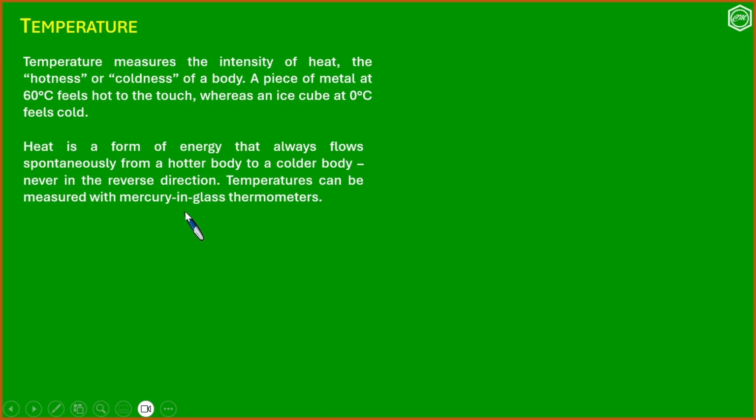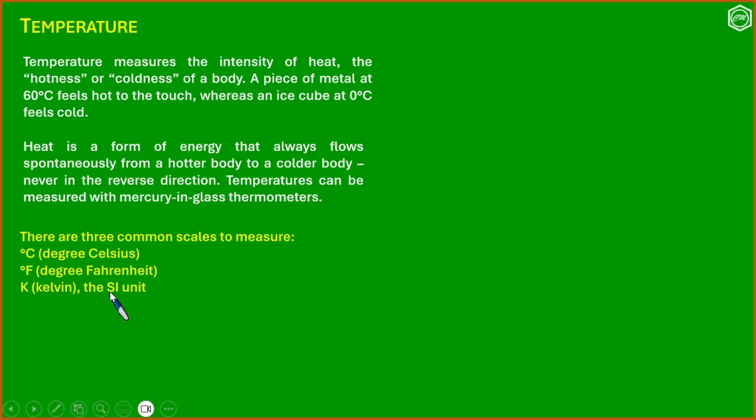Temperatures can be measured with mercury in glass thermometers. There are three common scales to measure: degree Celsius, degree Fahrenheit, and Kelvin. Kelvin is the SI unit.